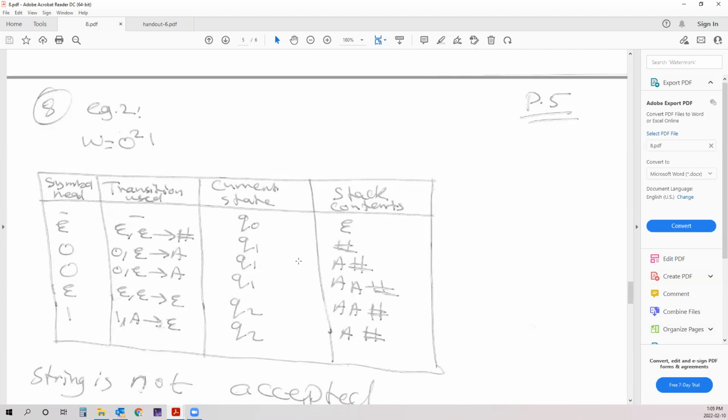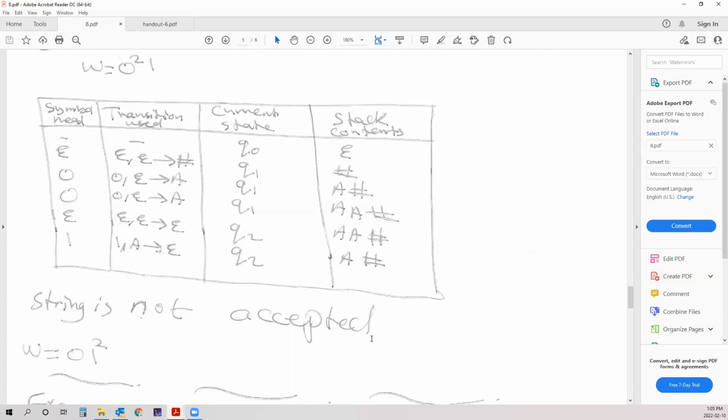Then we read the first 0, we push A. We read the second 0, we push another A. Then we'll have A A hash in the stack. Then we have the epsilon transition to move to the ones. We read the first 1 and we pop an A. Then we'll have A hash and the state. We freeze here. So the string is not accepted.